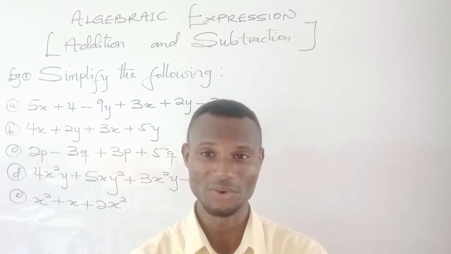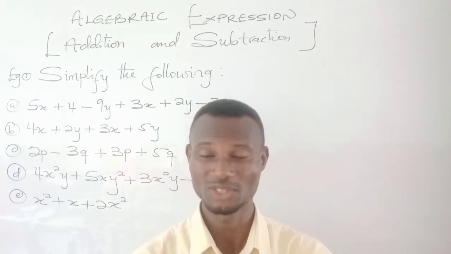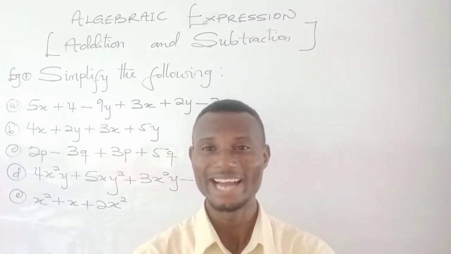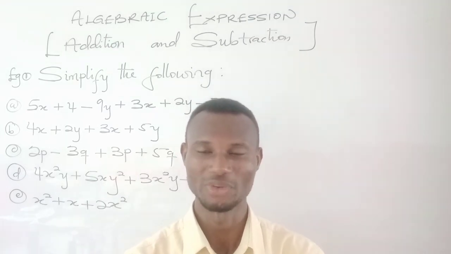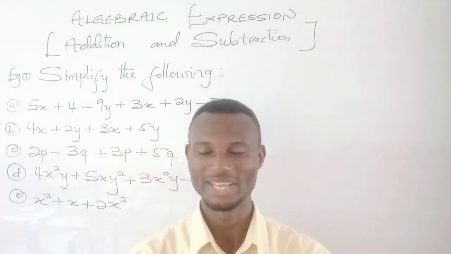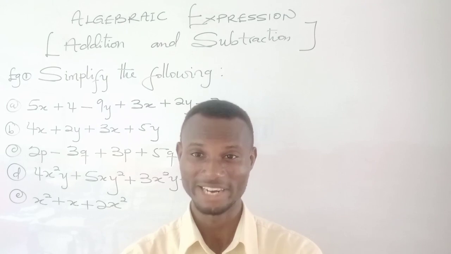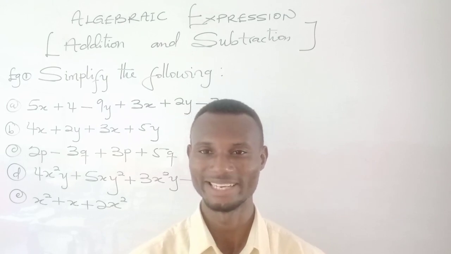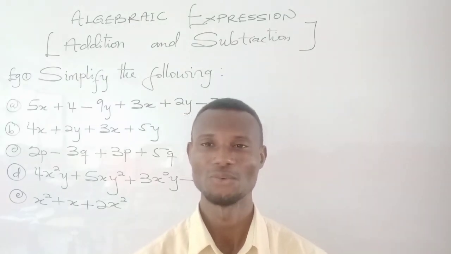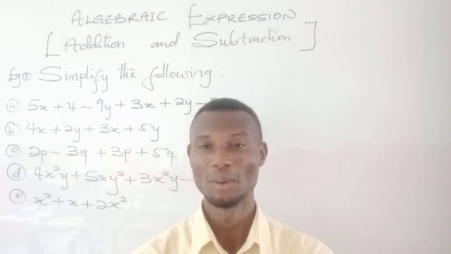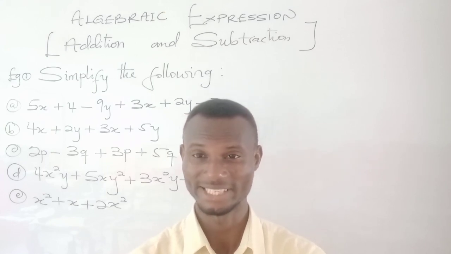In this video, we are going to start with how to add and subtract variables, which is the addition and subtraction of algebraic expression, so that in subsequent videos we will also look at the multiplication and division.